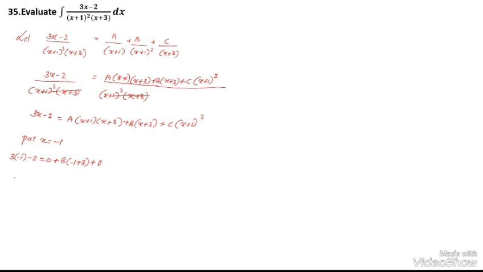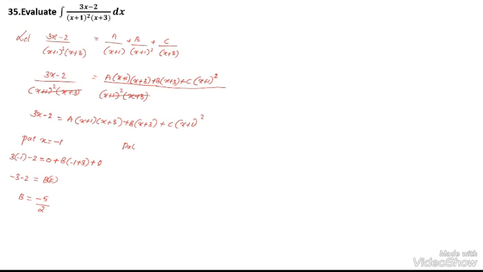So solving, 3 into minus 1 minus 2, that is minus 5, is equal to b into 2. Therefore, b value becomes minus 5 by 2.